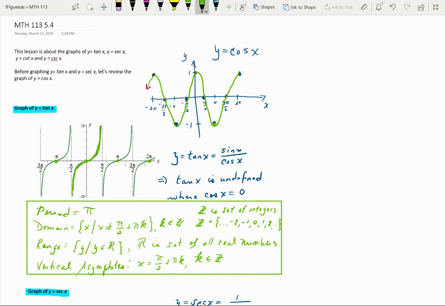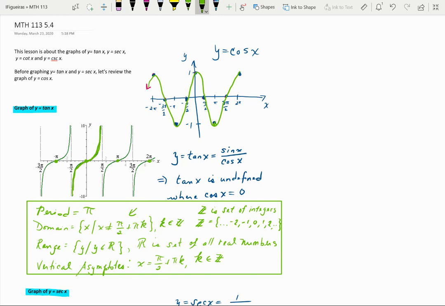Your domain is all real numbers except where cosine is 0. Cosine is 0 at pi over 2 and at pi units to the left and right of that. So the way you write that is x is not equal to pi over 2 plus pi k, where k is an integer. That fancy Z represents the set of integers, which are all the numbers other than your fractions and your decimals: negative 2, negative 1, 0, 1, and 2, forever in both directions.